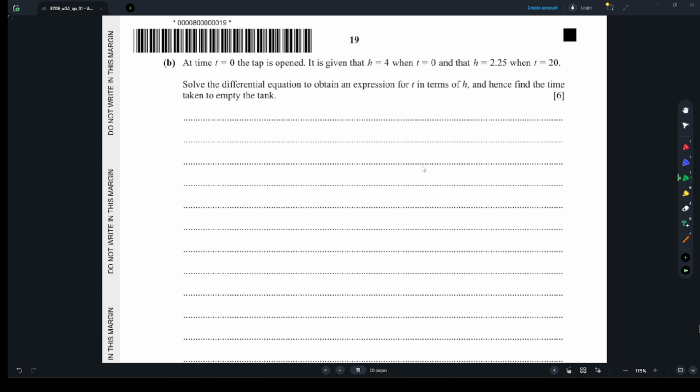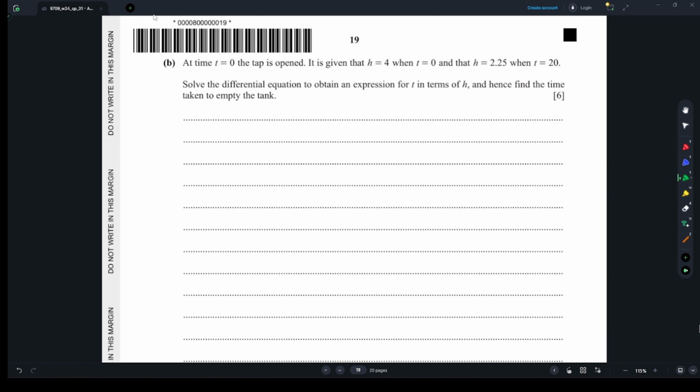Then they are asking: at time t equals 0, the tap is open. It is given that h equals 4 when time equals 0, and that h is 2.25 when time is 20. Solve the differential equation to obtain an expression for time t in terms of h, and hence find the time taken to empty the tank.